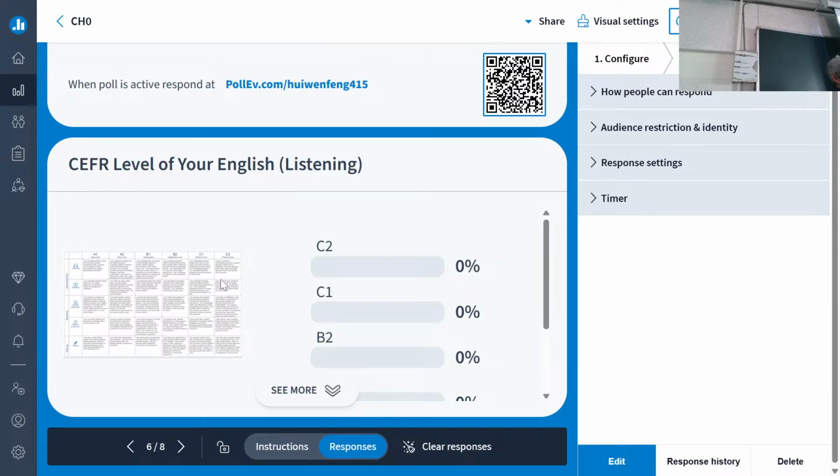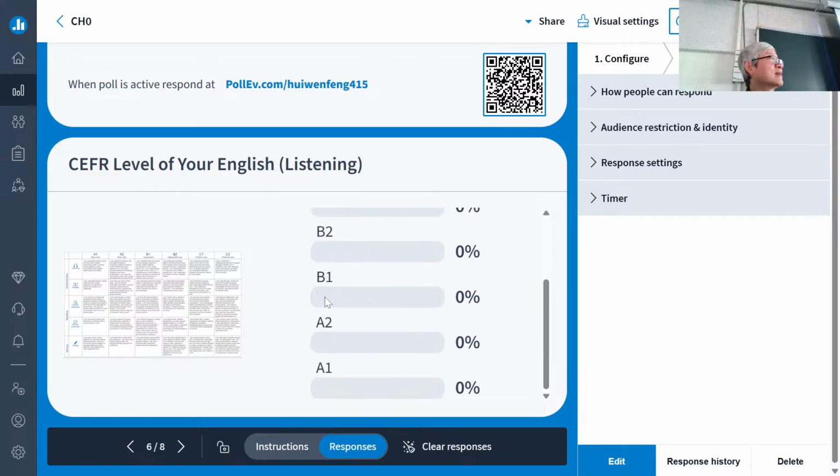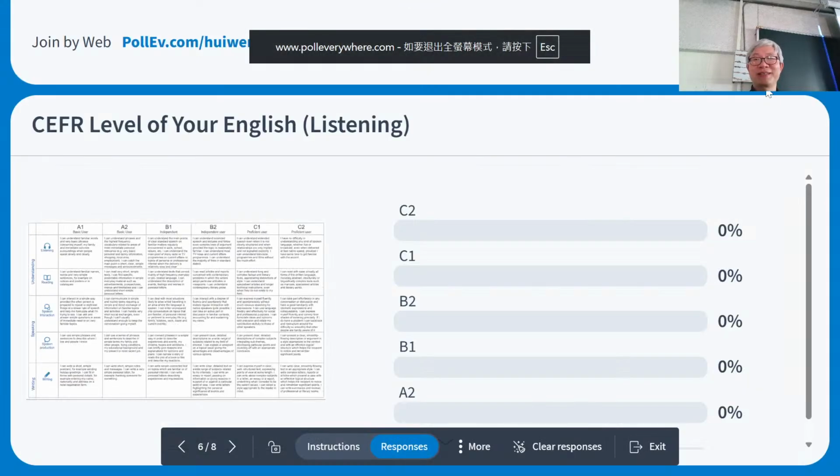Okay, go and let me know. Lower is A1, right? So that's why A1 lower and C2 higher. I think I presented it. Oh yeah, sorry. We cannot just send it in. Sorry.